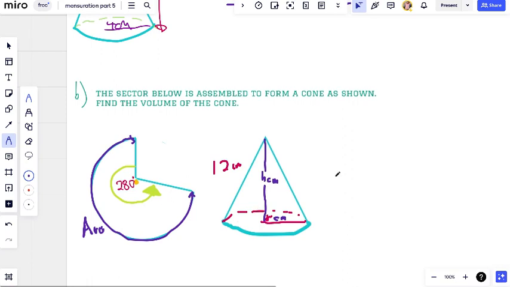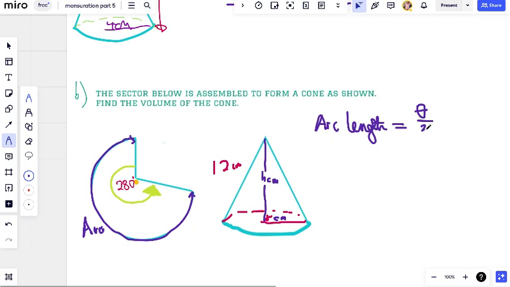So we can find the radius first. We can say arc length from the sector. Let's write the formula for the arc length of the sector. Arc length is equal to theta, or phi, whatever you want to use as the angle, theta over 360.